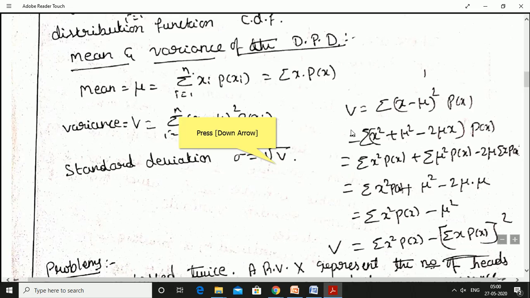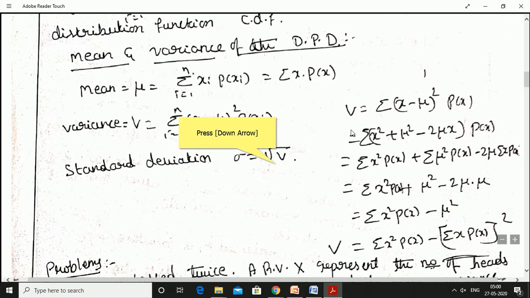And variance is defined as summation i is equal to 1 to n xi minus mu whole square into p of xi. Usually we are using the formula variance is equal to summation of x square into p of x minus mu square. Mu is nothing but summation of x into p of x, whole square. Okay. Usually we are using this formula. V is equal to summation x square into p of x minus mu square.